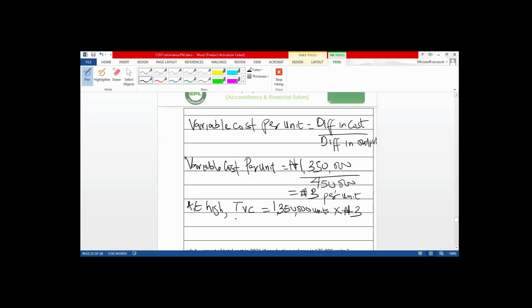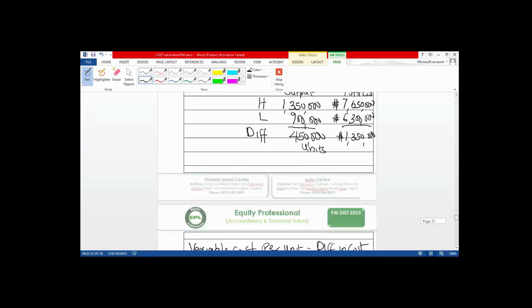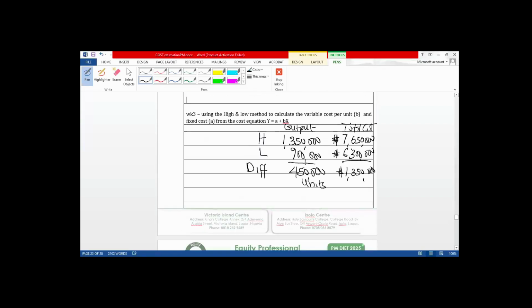What's the total variable cost, please? 4,050,000. Look at it: out of this total cost of 7,650,000, total variable is 4,050,000.